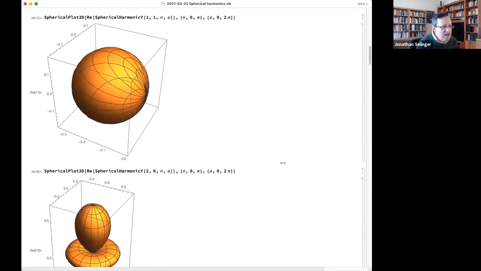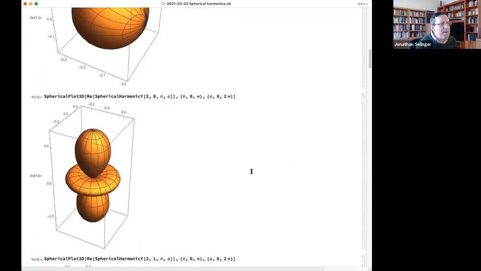What if we go to higher order? What if we have L equals 2? Here is a plot for the spherical harmonic with L equals 2 and M equals 0.